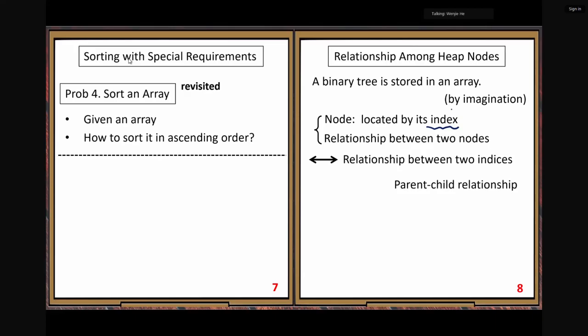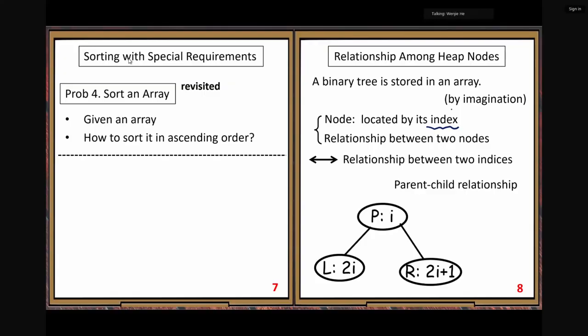Parent-child relationship. We'll look at their corresponding indices. P node, P colon I, that means the index of the parent node is I. Then left child, capital L, and the right child.